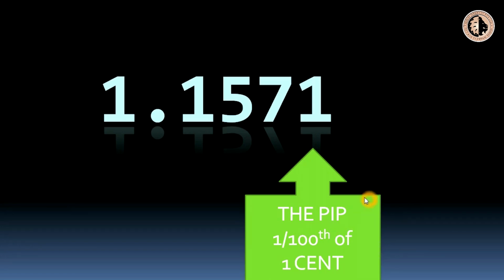The pip is 1/100th of 1 cent, and that is the very last figure. You've got 5 significant figures or 4 places of decimal, and the very last one there is the pip, 1/100th of a cent. If we go back to our airport analogy where you're trying to exchange currency, you'd probably get the first 3, 1.15, but in the FX market, it goes to 5 significant figures, or the fourth place after the decimal, and that gives you the pip.